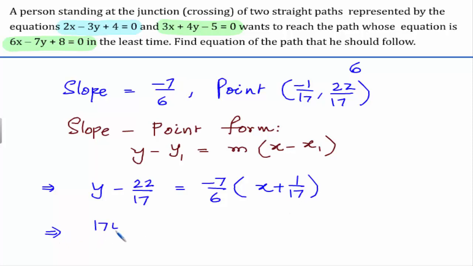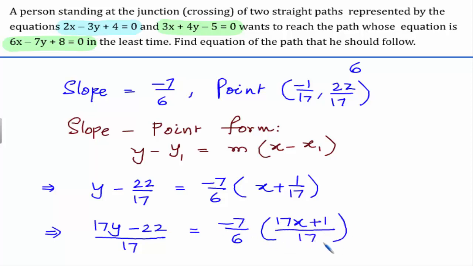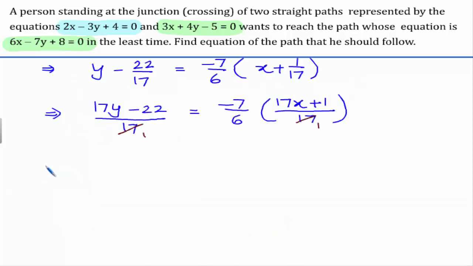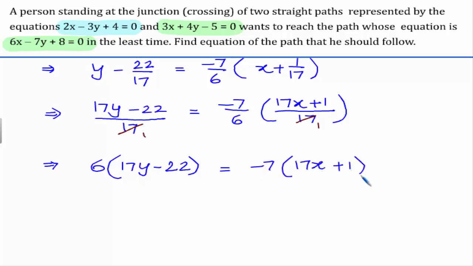If we simplify this, 17y minus 22 by 17 is equal to minus 7 by 6 into 17x plus 1 by 17. So both denominators 17 get cancelled. Then we get 6 into 17y minus 22 is equal to minus 7 into 17x plus 1.